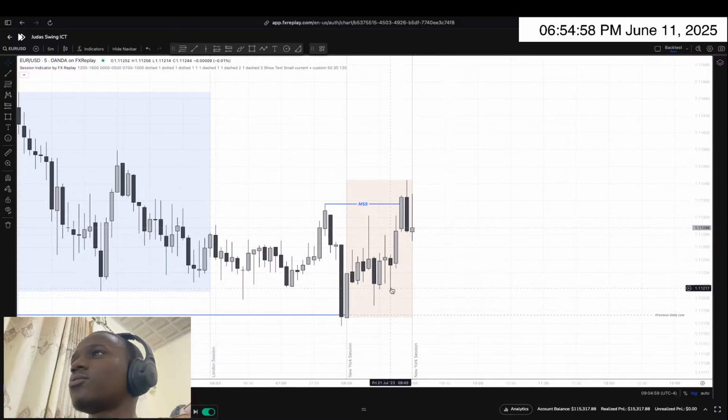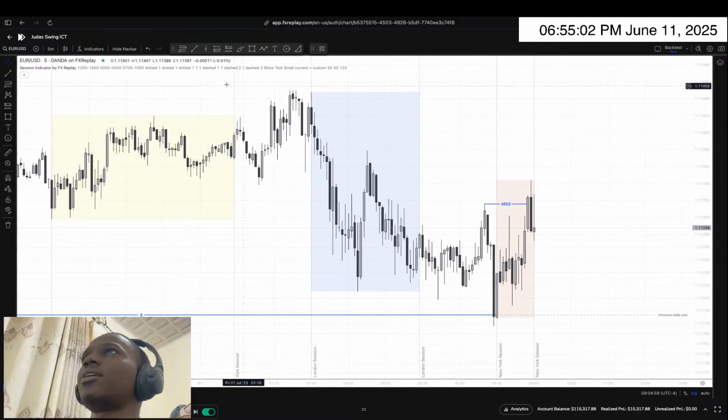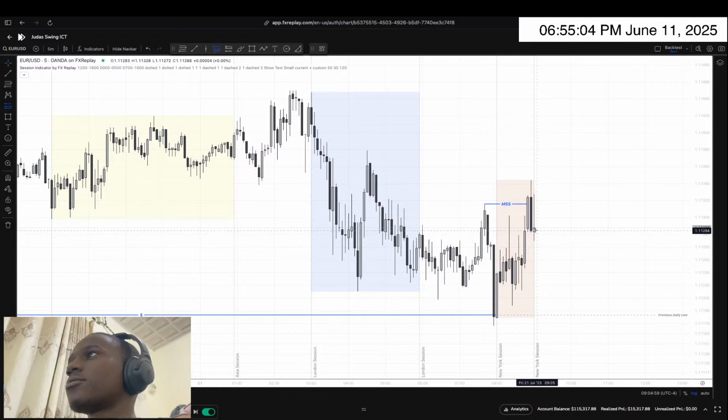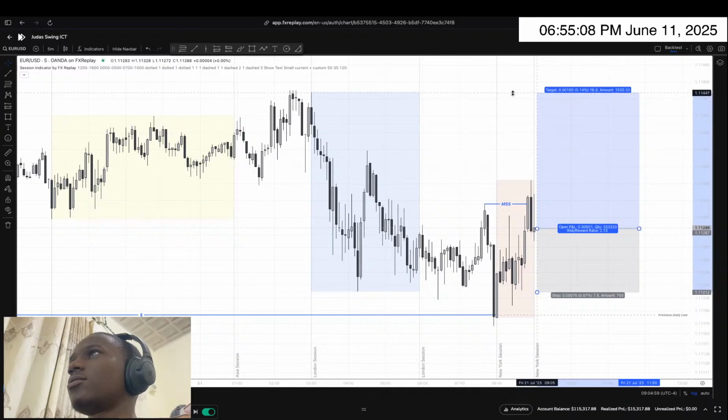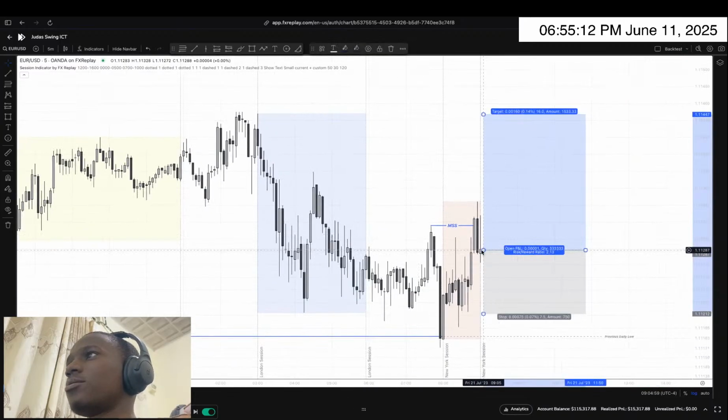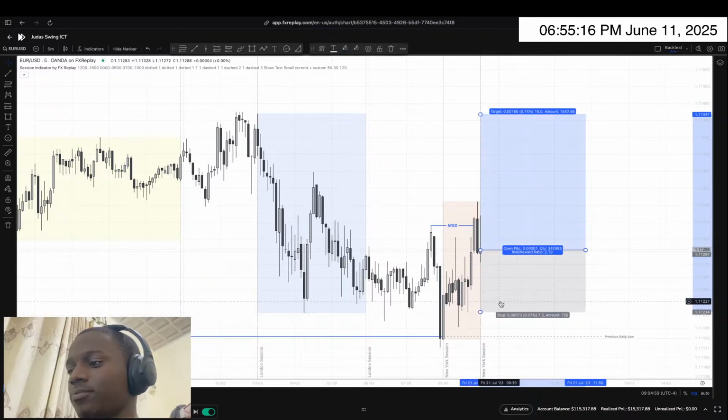I'll enter, stop loss will be on this low, and then I'll target this London high. So I'll enter right there, stop loss will be right here, target London high, and I think this will be the entry of the day. Risk 1%.